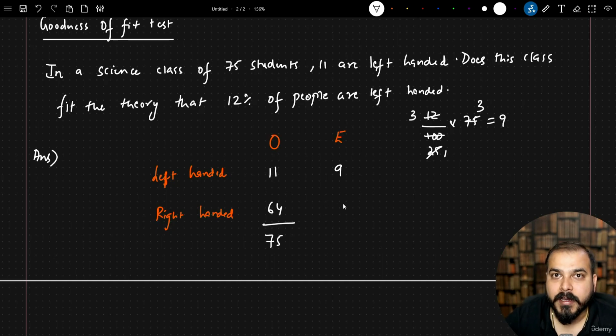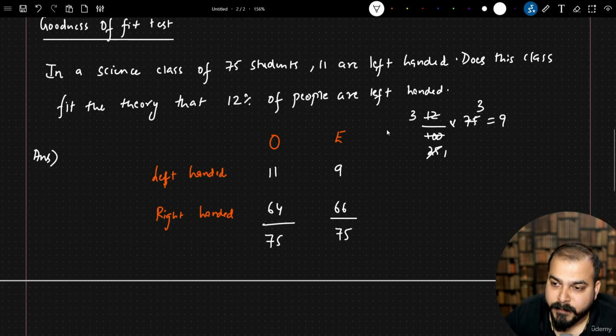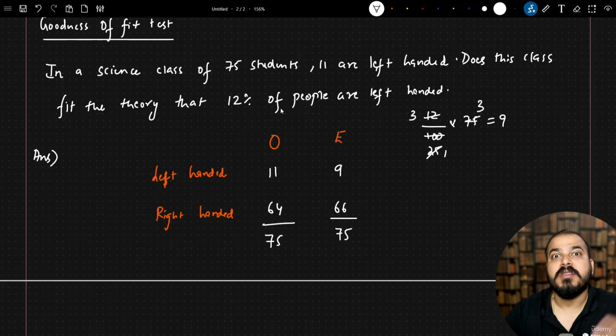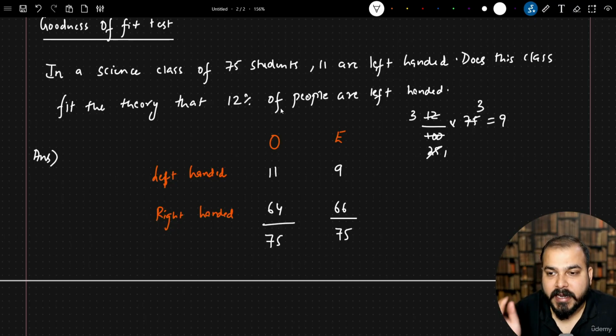The remaining will be right-handed, so 9 plus 66 is 75. This entirely is the expected value based on the theory.